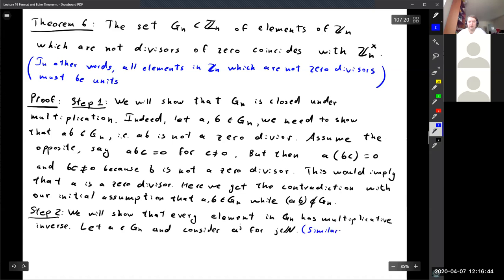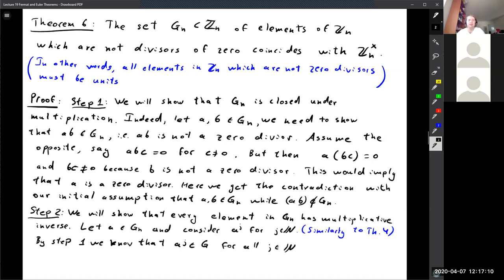By step 1, we know that A^J belongs to G_n for all powers of this element A. But there are only finitely many elements in G_n.